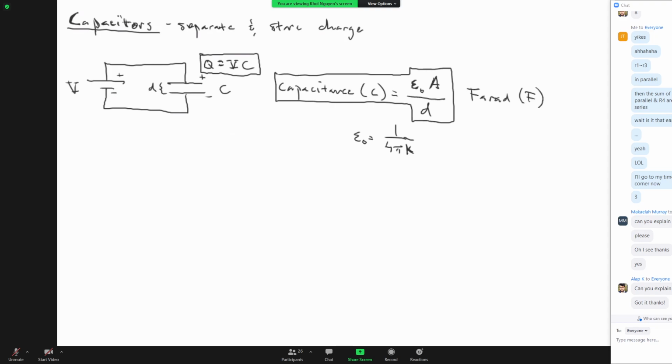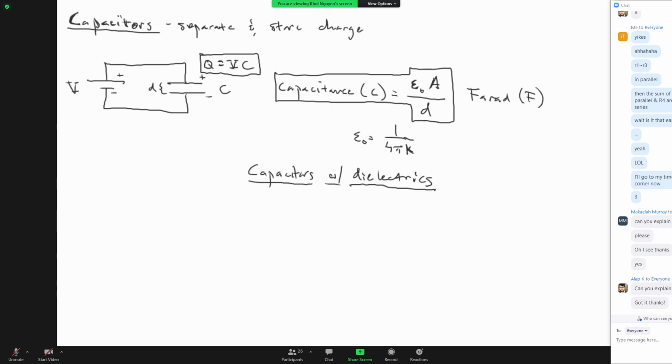So let's take a look at what happens when we have a capacitor with the dielectric. So before, when we put a dielectric between there, we know that it reduced the overall electric field, right?